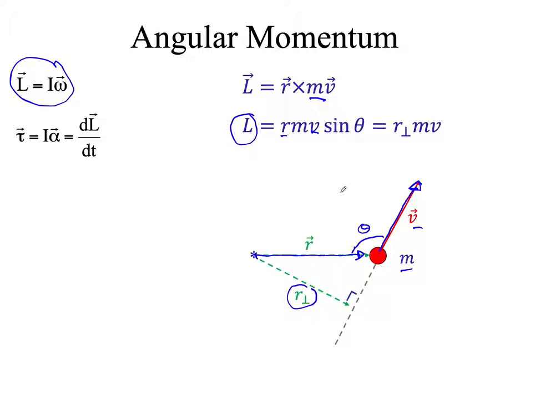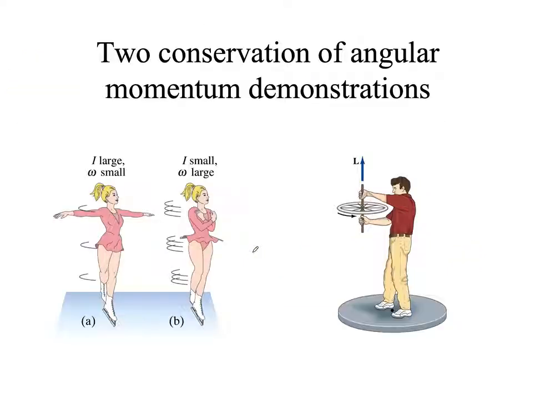If you check this, if you do r cross v, you should discover that your thumb is pointing out of the screen, or in the positive z direction. And so this object has positive angular momentum relative to this point. All right? It's kind of cool.